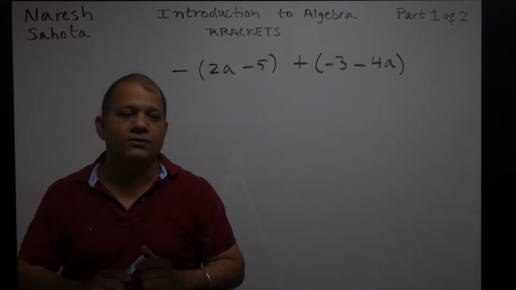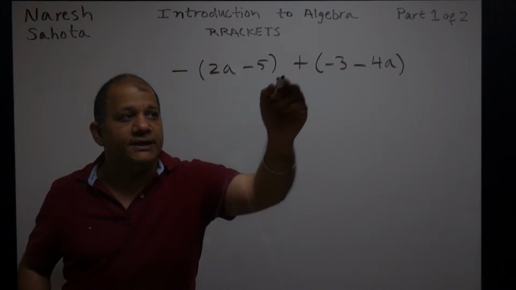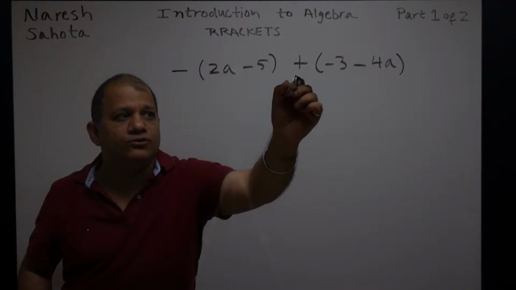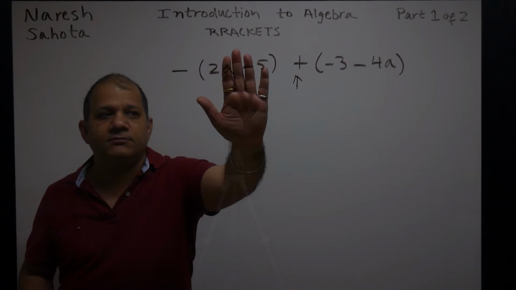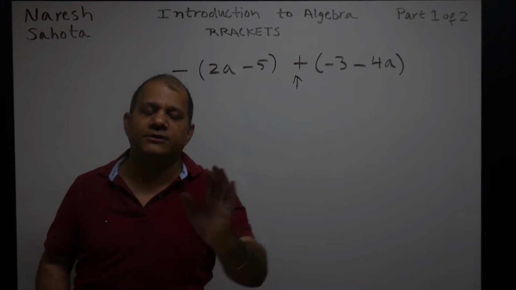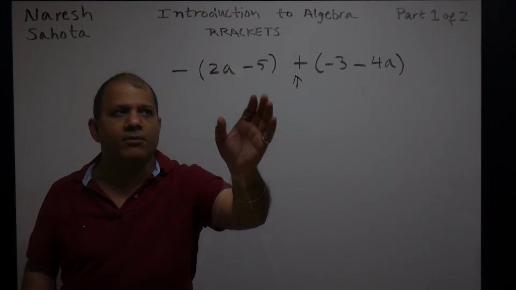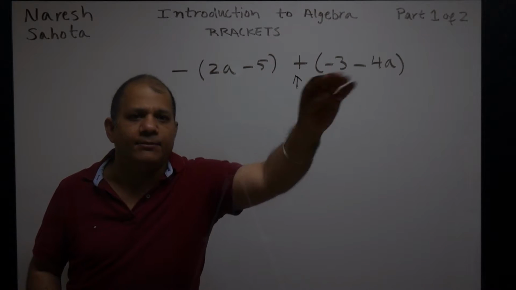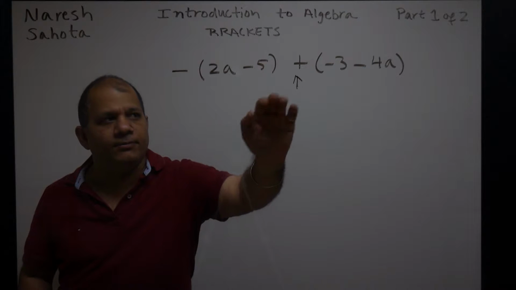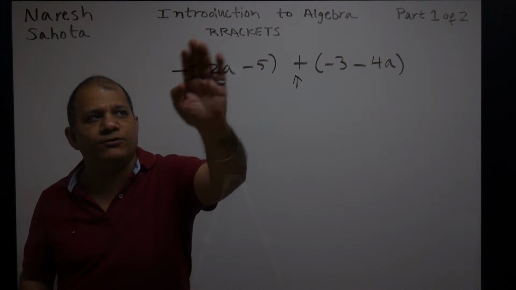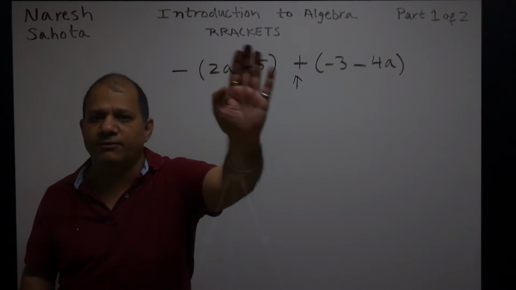In this question, the operation is that of addition. So we're adding this bracket and that bracket. So that's the question. What is the sum of this bracket and that bracket? So the main operation here is addition. But before we can add, we have to remove brackets, simplify.